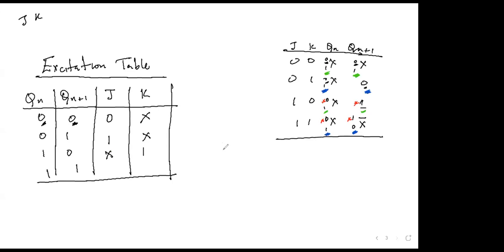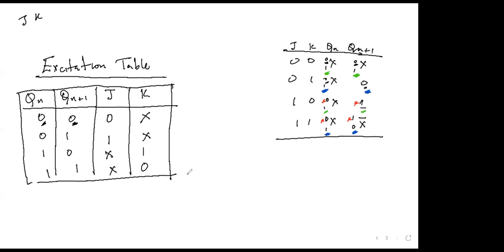Don't care and 0, and the next one is don't care and 0. So this is my excitation table. If I'm presently at a particular state and I want to go to the next state, then this is the excitation table.